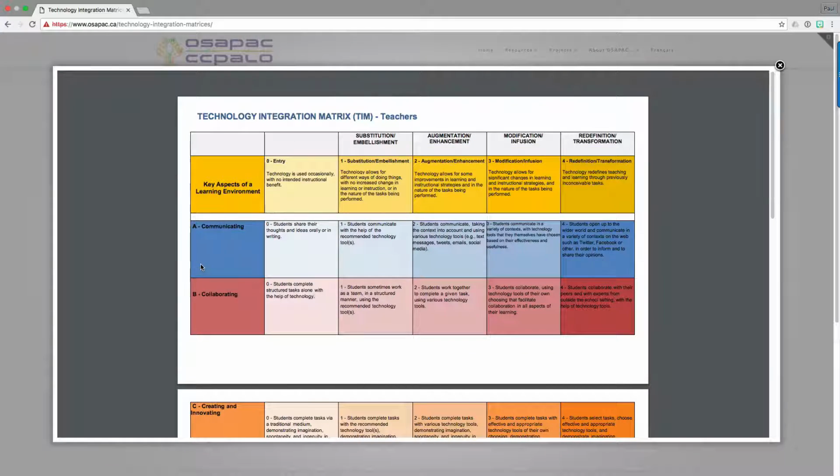And along the top, the levels move from entry to transformation and are then connected back to the SAMR model of substitution, augmentation, modification, and redefinition. You can see that the descriptors are written in terms of what the student will be doing. Classroom educators can use these matrices to help understand how a student is integrating technology into their own learning.